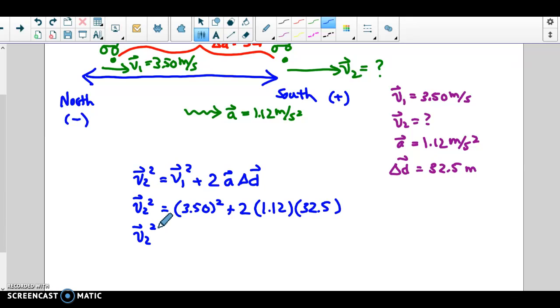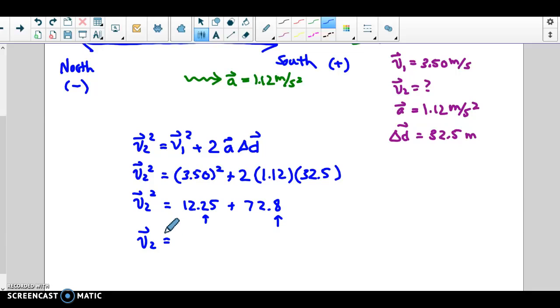Simplifying this one little bit at a time, because yes, we do want to keep track of significant figures. 3.5 squared is 12.25, but I want to round to 3 significant figures in the end. 2 times 1.12 times 32.5 is 72.8, again to 3 significant figures.